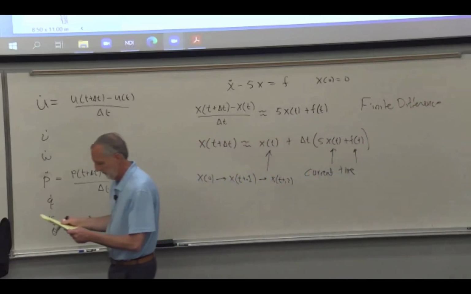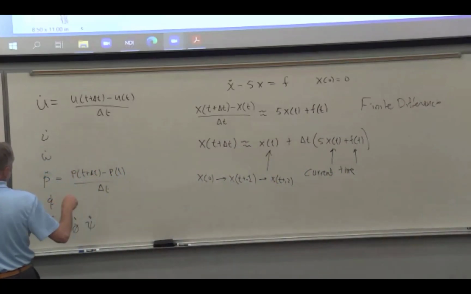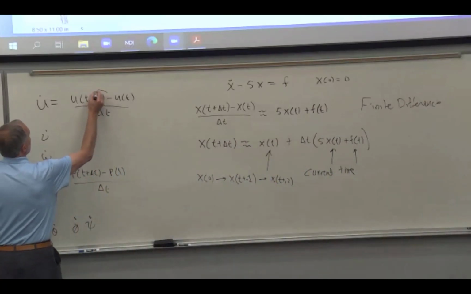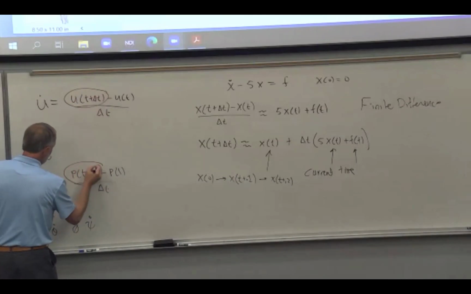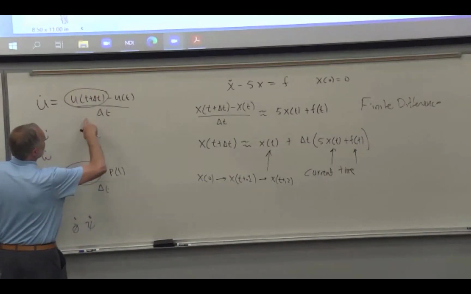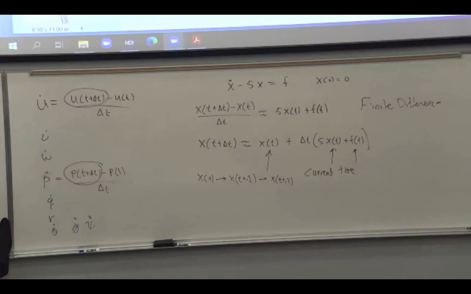So we do that, and then we solve, and so we can predict the new velocities at the new time step based on where it is now and what forces are applied to it. So we do that with the equations of motion that we were looking at on the board.